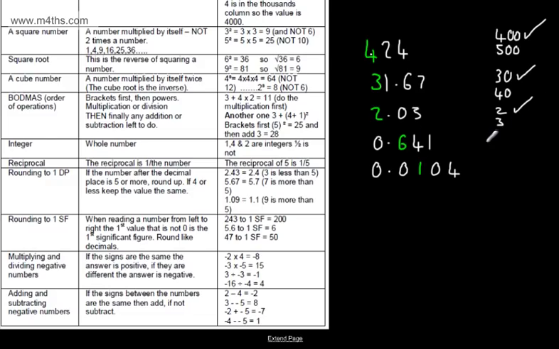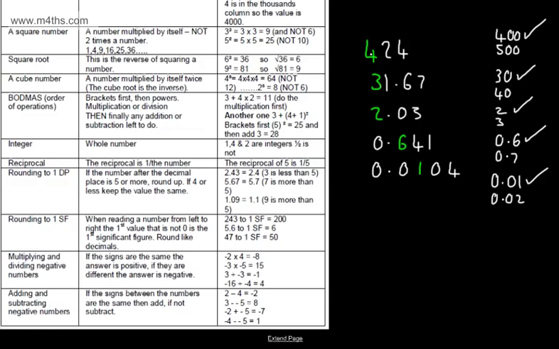If we look at this one, to one significant figure, we're rounding to the nearest 10th, 0.6 or 0.7. Again, the 4 comes after the 6, so it will round down. The next one, we're rounding to the nearest 100th, 0.01 or 0.02. Again, the 0 means that we're going to round down. So in all these cases, we've rounded down.